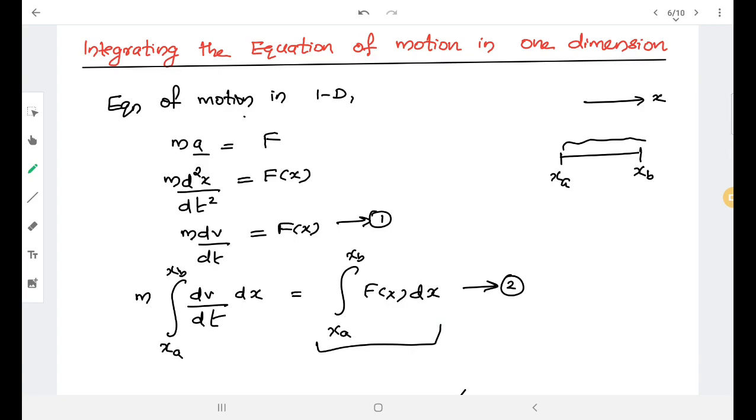Now we are going to evaluate, or integrate, the LHS. So how can we integrate the LHS? To integrate the LHS, we usually use a trick. What is the trick? Here the LHS part is m times the integral from xa to xb of dv/dt dx.